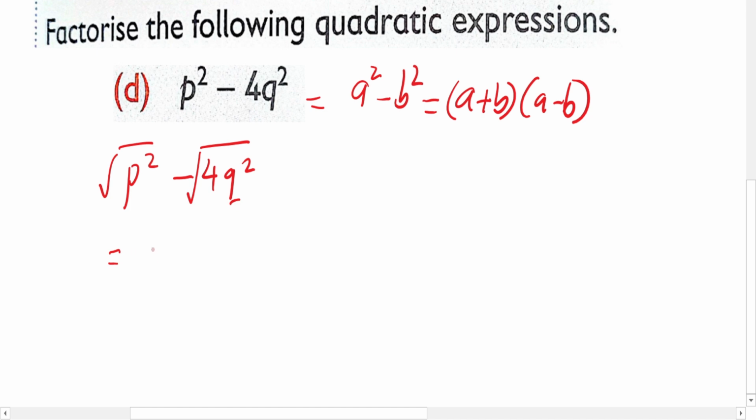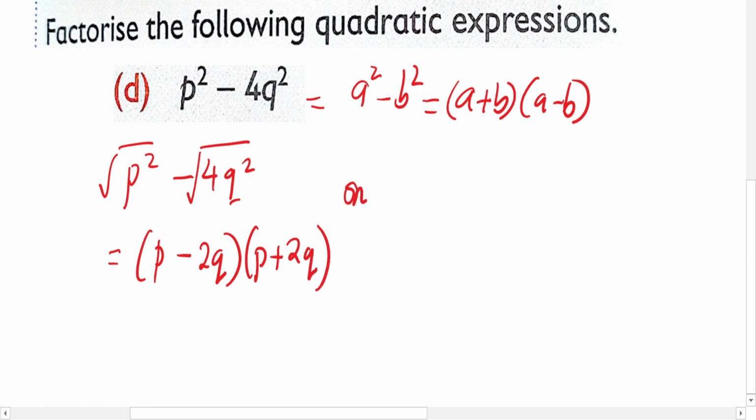The square root of p squared gives you p, the square root of 4q squared gives you 2q. So one will be negative and the other one will be p plus 2q. So that's the simplest. Or use the longest way, which I don't prefer students to use, but just in case they don't understand.